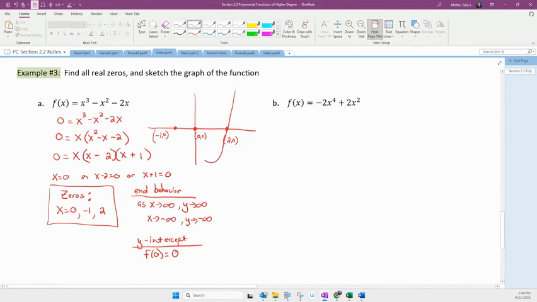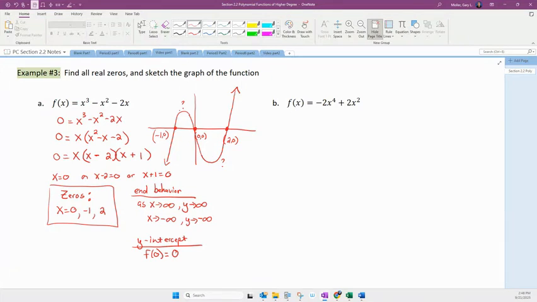I'm going to smooth curve, turn it. I'm going to smooth curve, bring it down, and it should look something like this. Once again, not really focusing or worrying about how high or how low. Okay, I think that about covers that one.